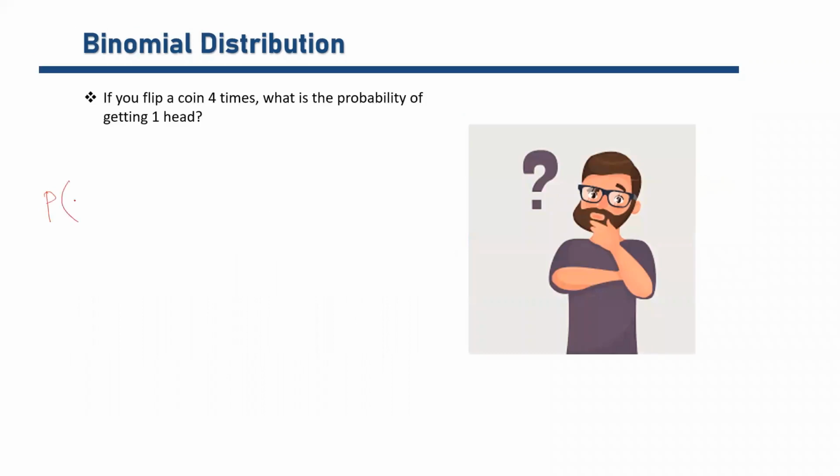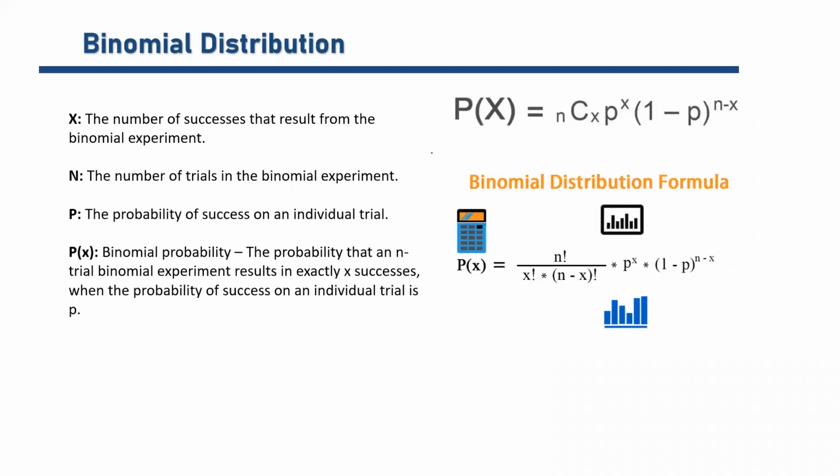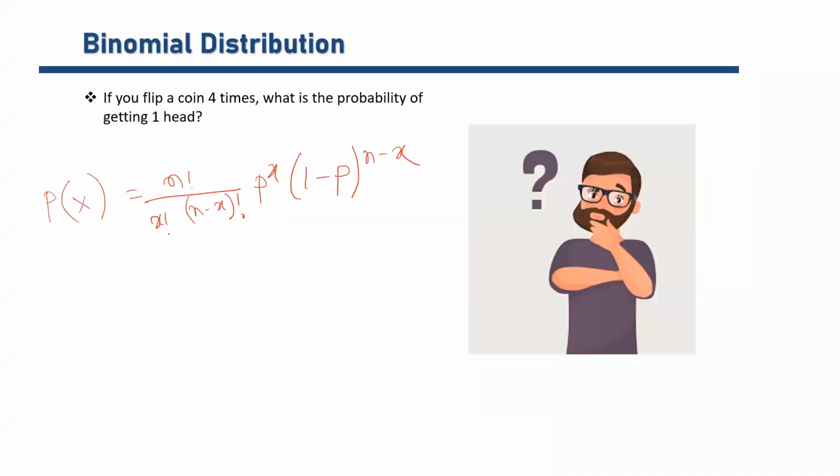The formula was P of x equals n factorial by x factorial and then n minus x factorial, p to the power x, 1 minus p to the power n minus x. I hope this was the formula. Now you don't need to remember this. Now I want to get the probability of exactly one head.